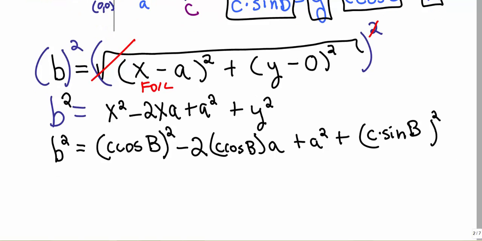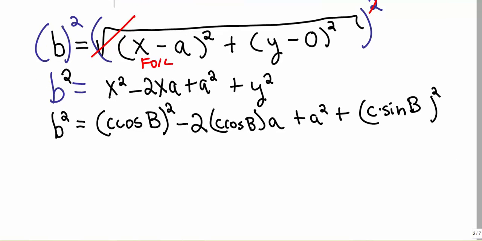Okay, once we do that, we're going to start to actually square the values. So now we have b squared is equal to, and if I take these two values and I square them or multiply them by themselves, c times c would be c squared, and cosine b times cosine b would be cosine squared b. And here we have negative 2 times c times cosine b times a. And I'm just going to rearrange.